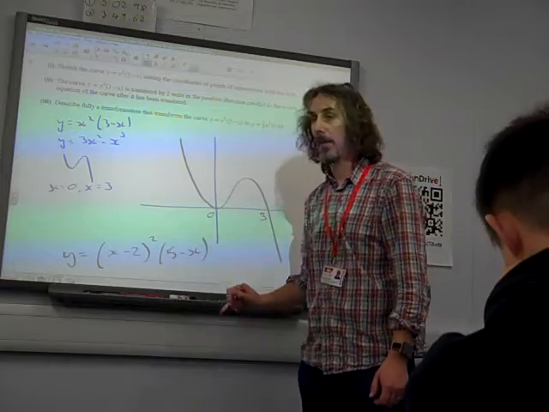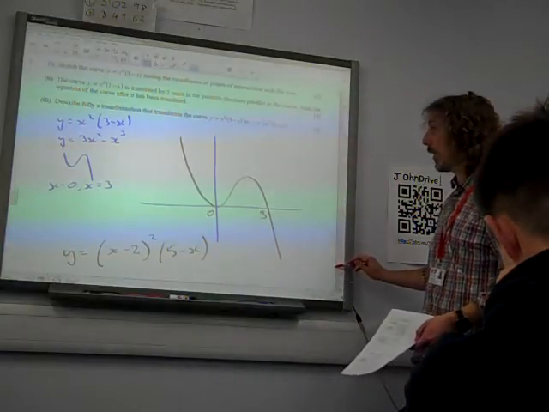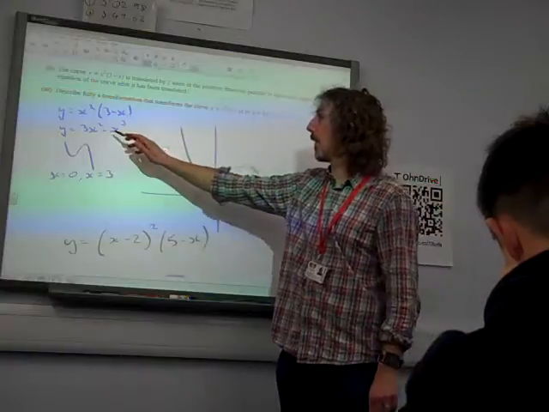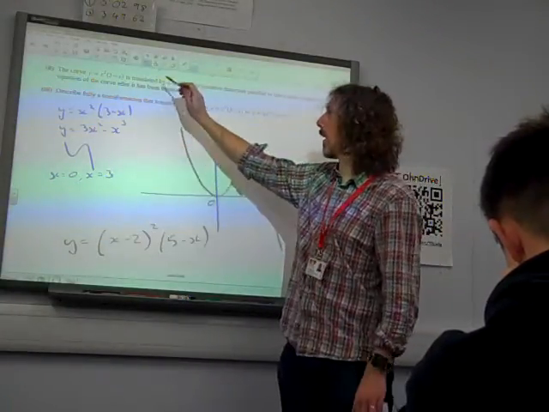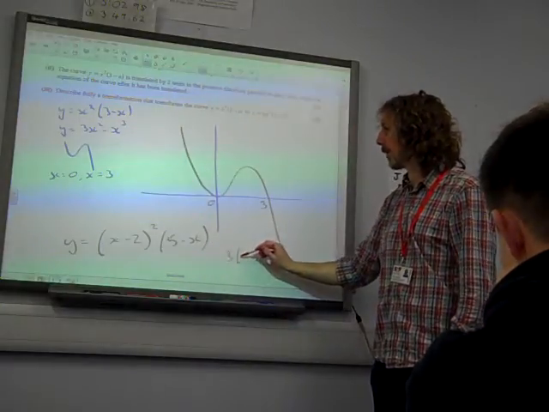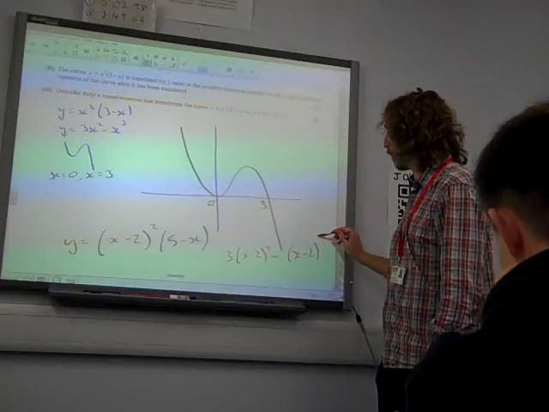I think that is probably the most straightforward way of thinking about how to do that. You could have thought about it in a few other ways. You could have thought we're replacing x with x minus 2. It's that transformation of graphs. So you could have thought about it as being 3 times (x minus 2) squared minus (x minus 2) cubed.